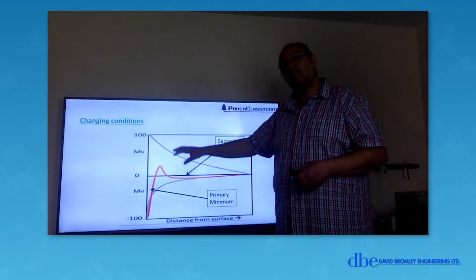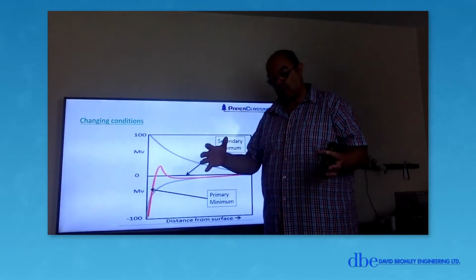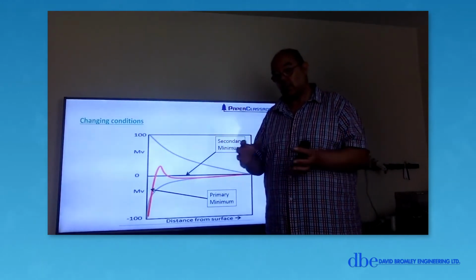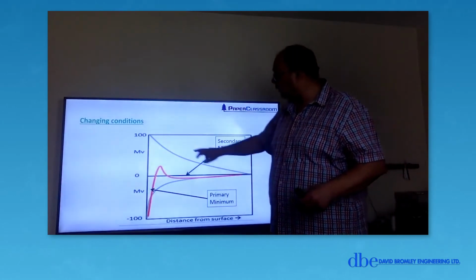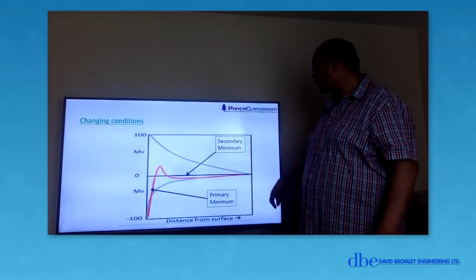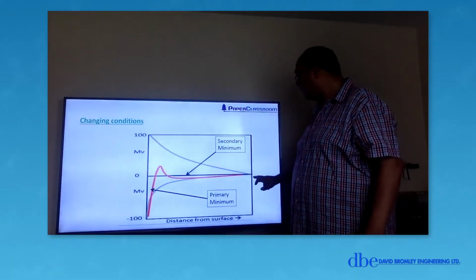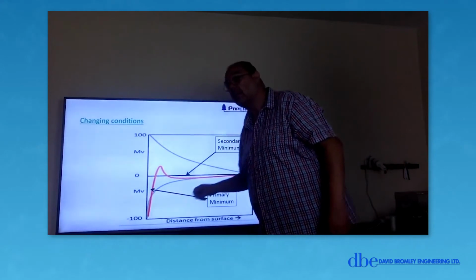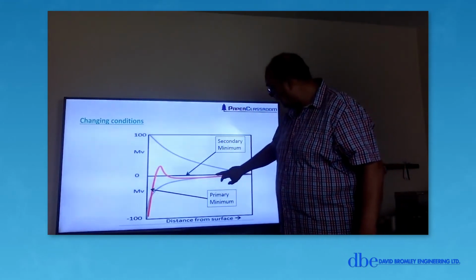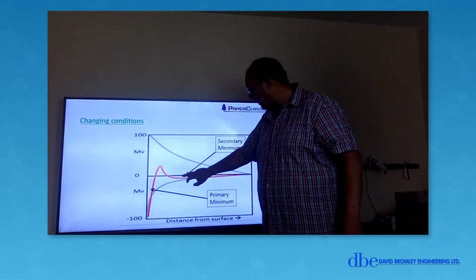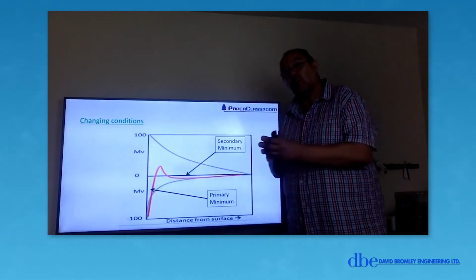If we manipulate the chemistry of the system so that we change the nature of that electrical double layer, change the size of it, then we change one of these curves. So here we've got two different curves. There again are the forces of repulsion, there are the forces of attraction. Because we've changed the chemistry, in this area here the particles do want to be attracted to each other, so they do want to come together.